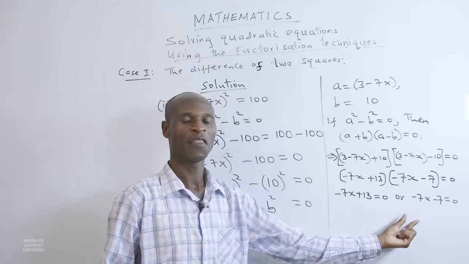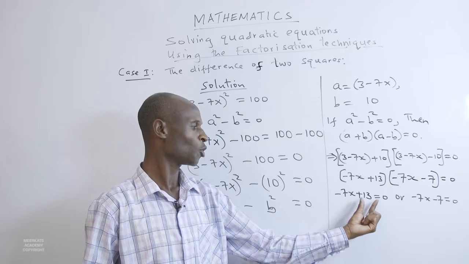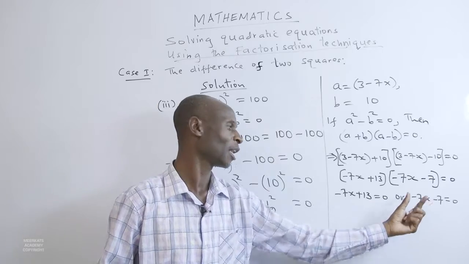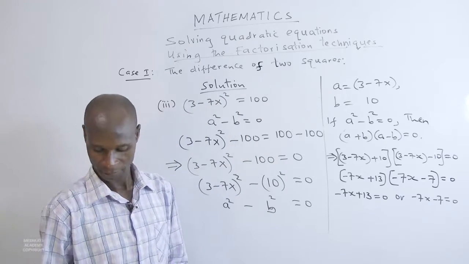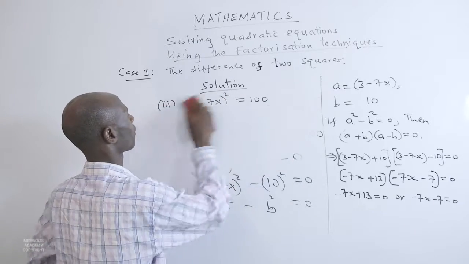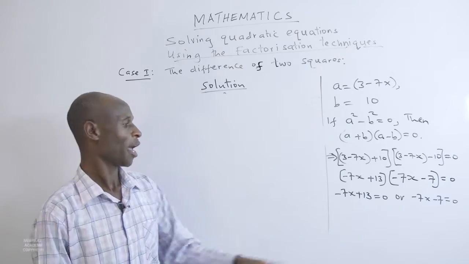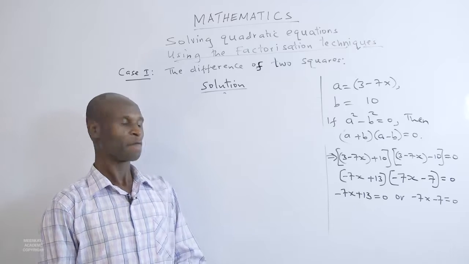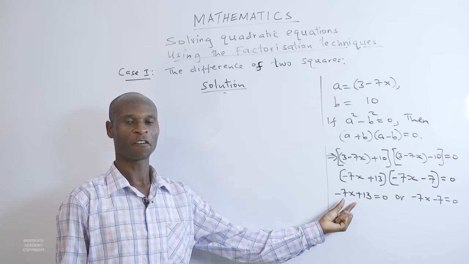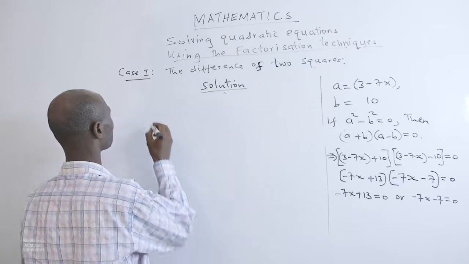We have used the null factor law to write down those particular linear factors. So at this point, we find the value of x from the first linear factor.